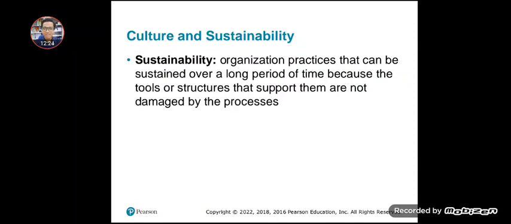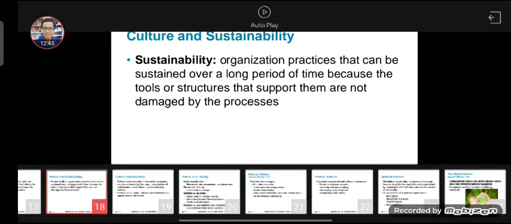Social sustainability practices address the ways social systems are affected, and in turn, how changing social systems may affect the organization as well.